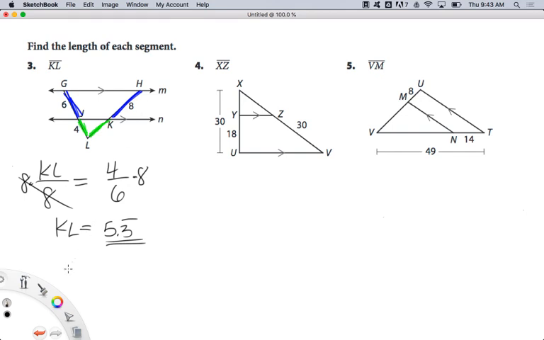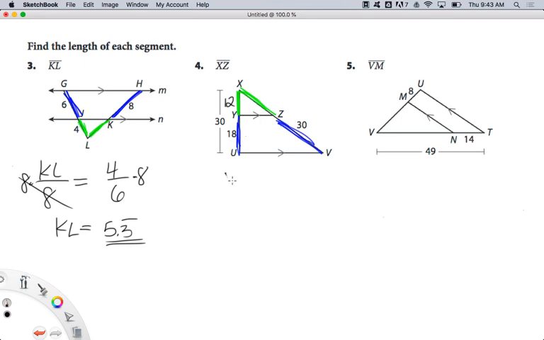Now this next one, again, we have a line parallel to one of the sides. So it divides those two sides that it intersects proportionally. And we end up with green over blue equals green over blue. I'm looking for XZ, which is this one, but I don't have XY. I have that the whole thing is 30, this is 18. How do I get XY? Yeah, let's just subtract. 30 minus 18 is 12.